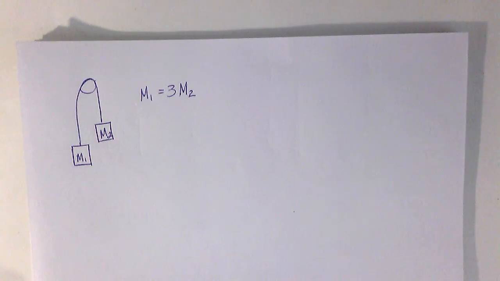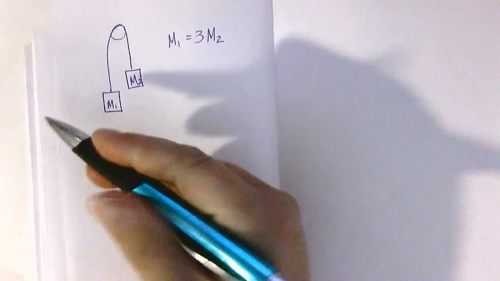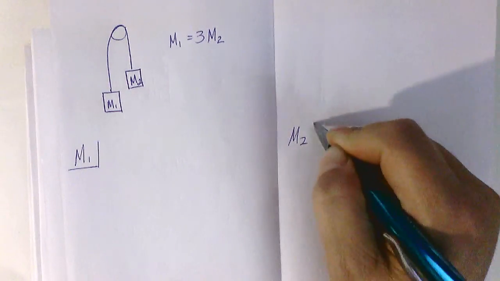Okay, so here we have our 2 blocks, and what I'm going to do now is show you a trick. I'm going to fold my paper in half, hot dog. Okay, so I folded my paper in half, hot dog. And what I'm going to do here is put M1 on this side and M2 on this side.